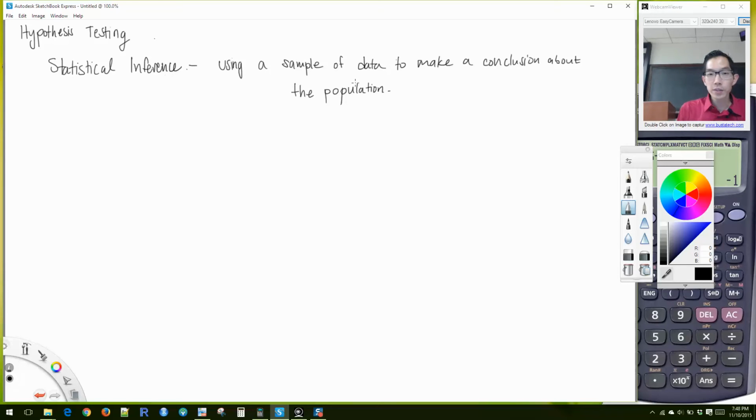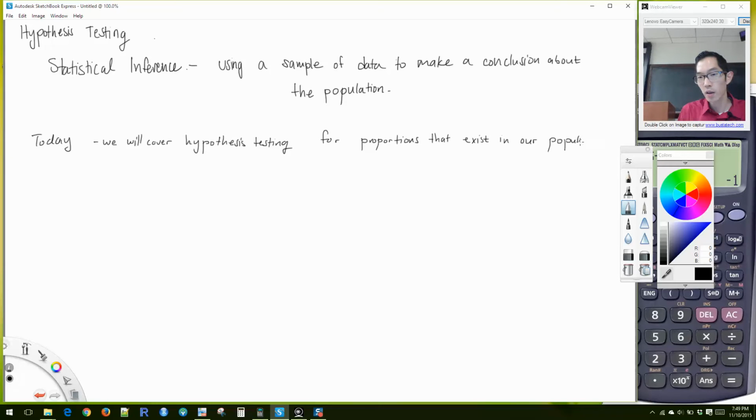All right. So using a sample of data to make a conclusion about the population, and so today we will cover hypothesis testing for proportions that exist in our population. Okay?